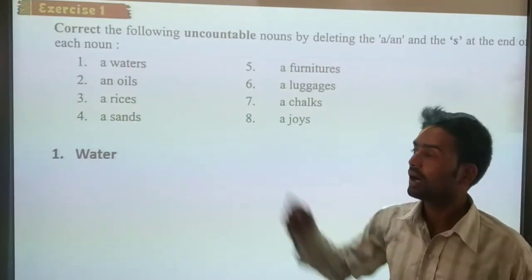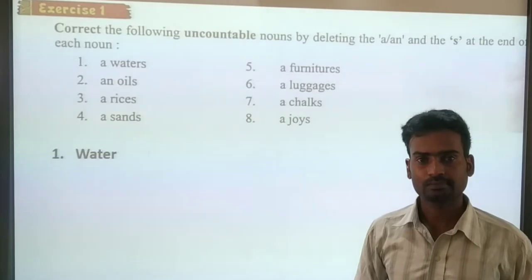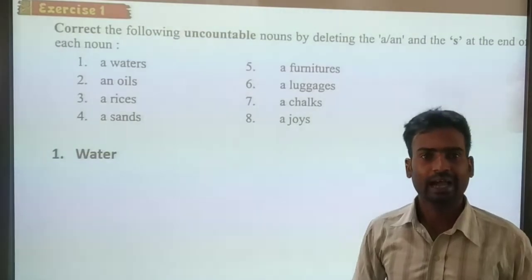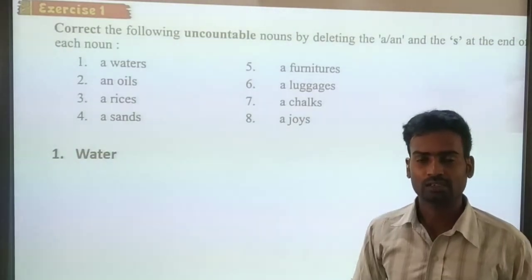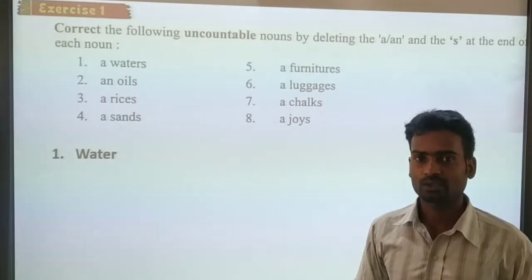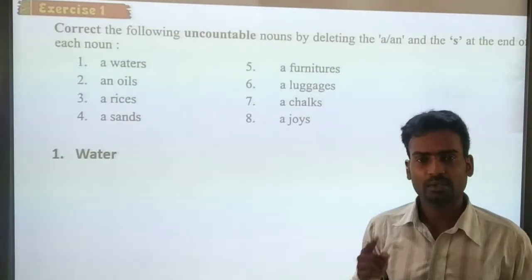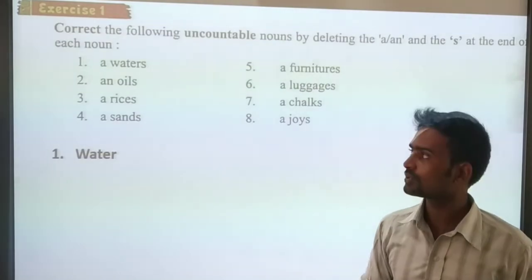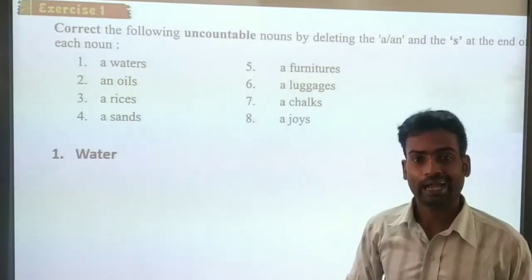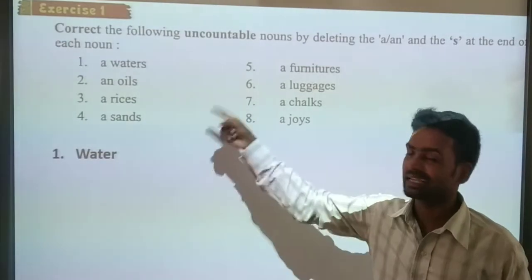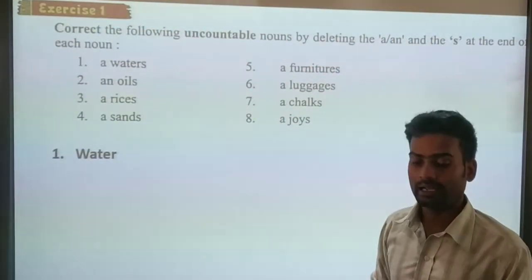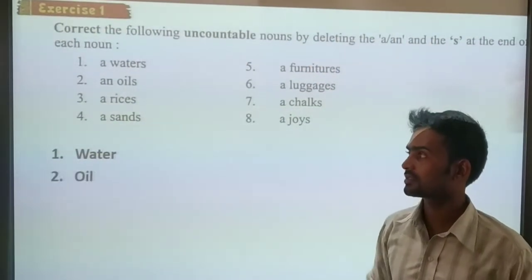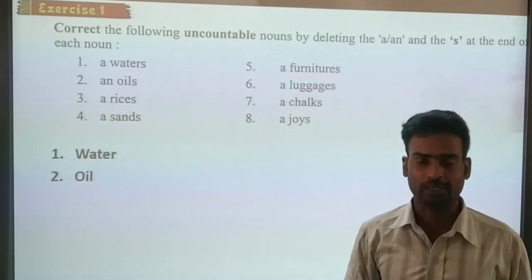The same with an oil. An means one. Oil, you know the meaning of oil. We cannot say one oil, right? So what are we supposed to do? We have to remove an as well as S. Oil is the correct one.